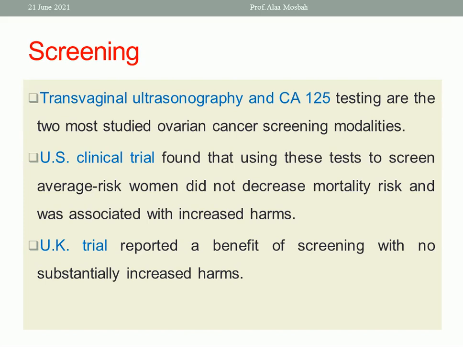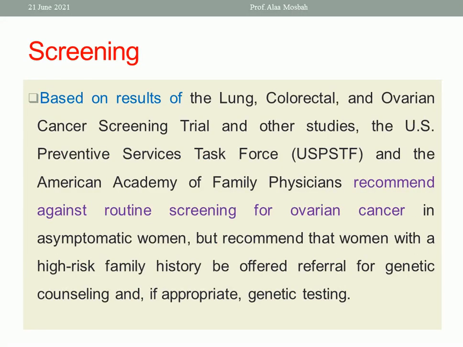Here there is controversy between the United States and the United Kingdom in their clinical trials. While the United States found that using these tests to screen average risk women doesn't decrease mortality and was associated with increased harm, on the other side, the United Kingdom trial reported the benefit of screening with no substantially increased harm. So it's a matter of controversy and you should know that.